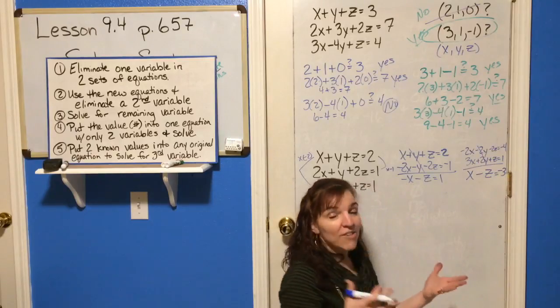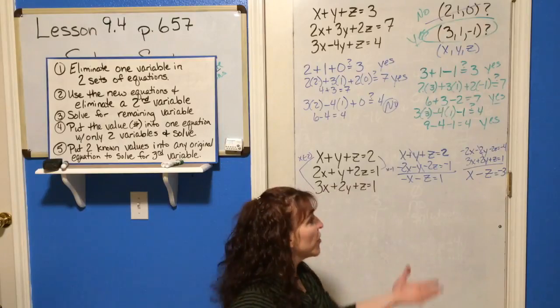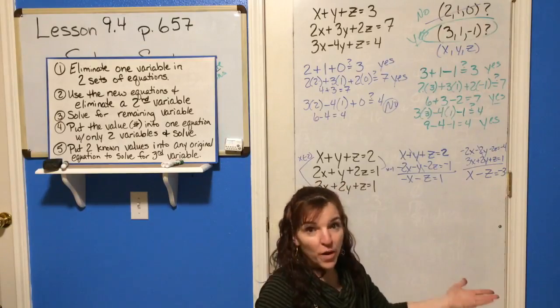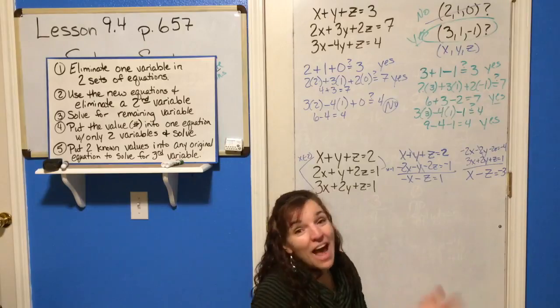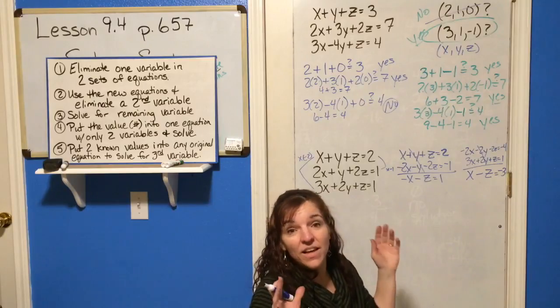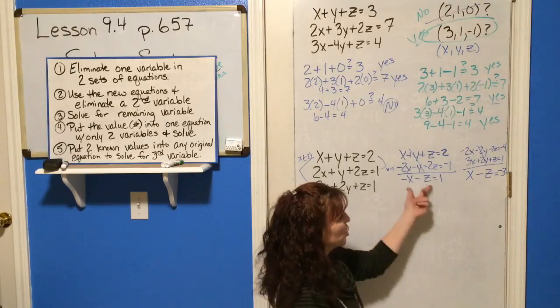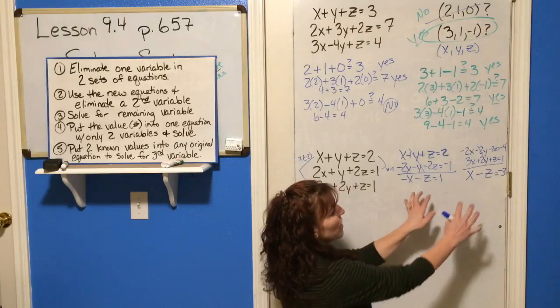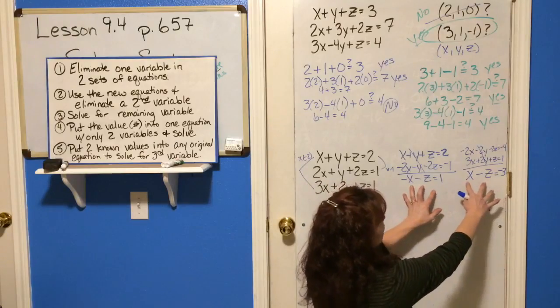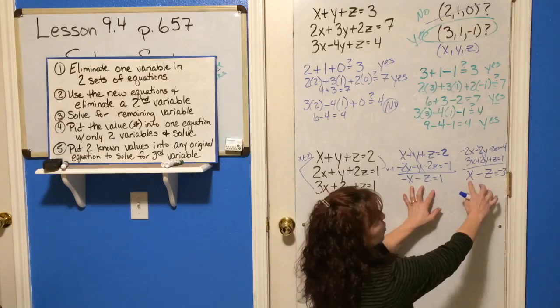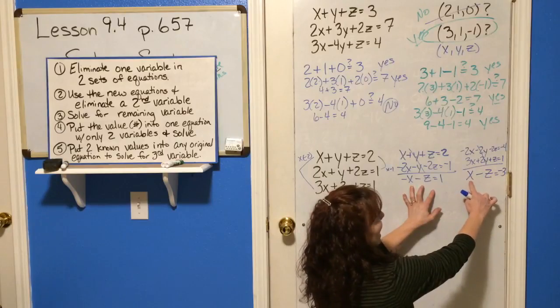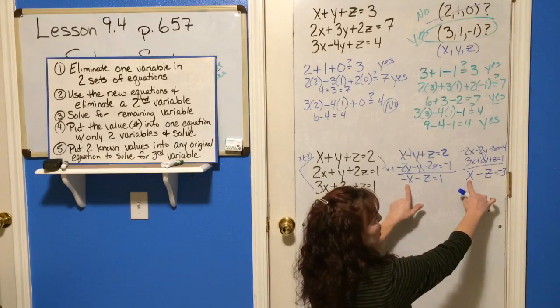So now, after step 1, you should end up with 2 equations with 2 unknowns. All right, so now this is exactly what you just did in the last section. You've got 2 equations with 2 unknowns. So now you use these 2 equations, and if you look in this case, you don't even have to multiply by anything because the x and the -x are going to drop out.